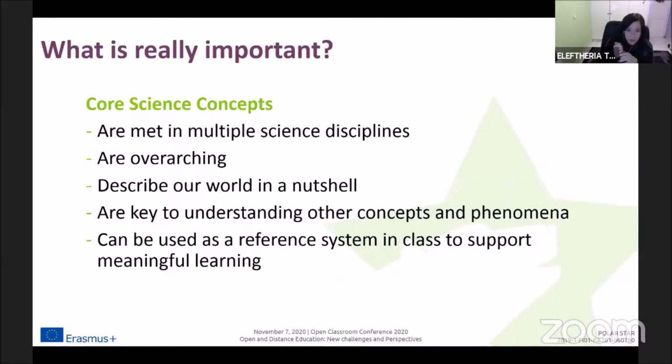They appear in multiple disciplines, so they are overarching. And if you put all these core concepts together, they essentially describe our world in a nutshell. There are 5 or 8 or 10 things that really describe our world in a nutshell. And they are key. This is also why we call them core. They are key to understand any other secondary concept. They are key to understanding phenomena.